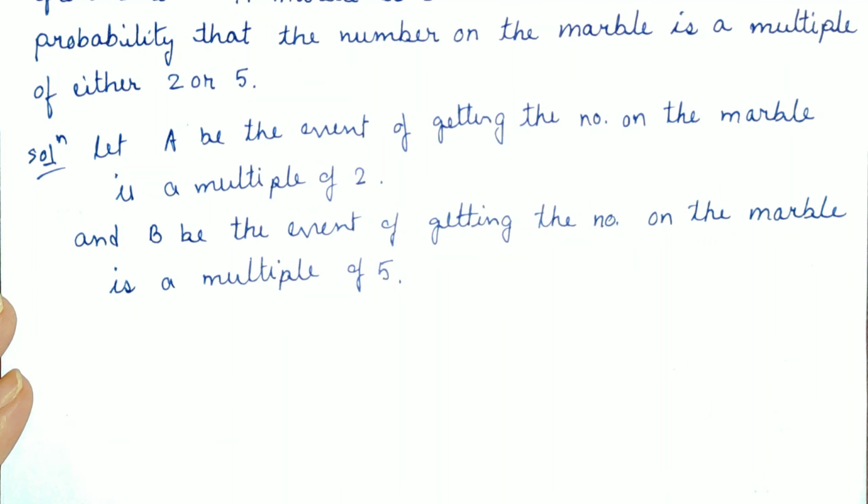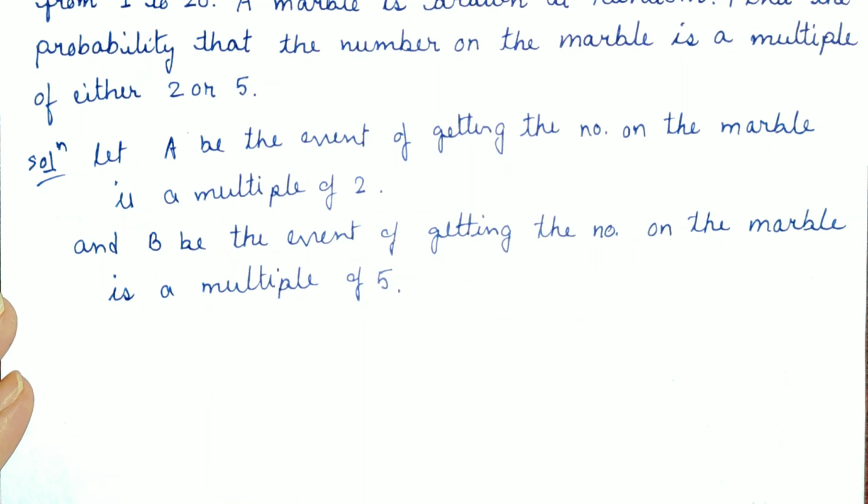We have assumed that A and B are the events. Now we will find out the outcomes.